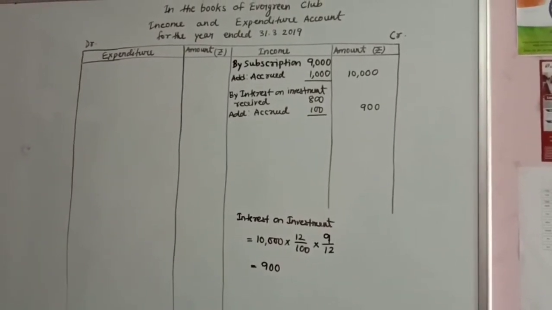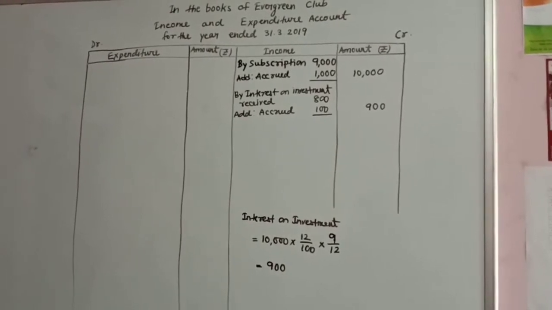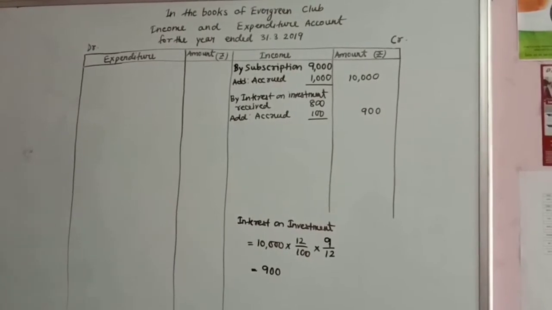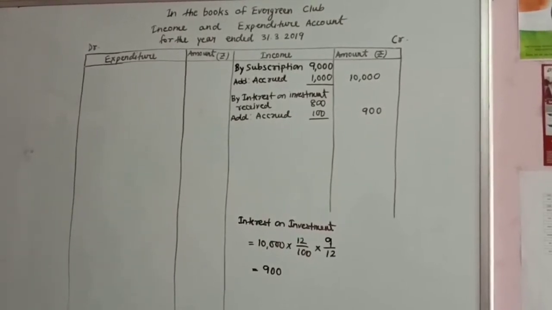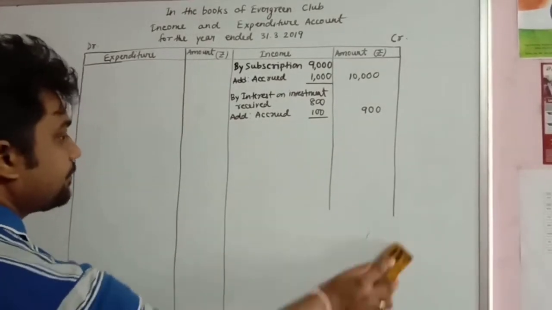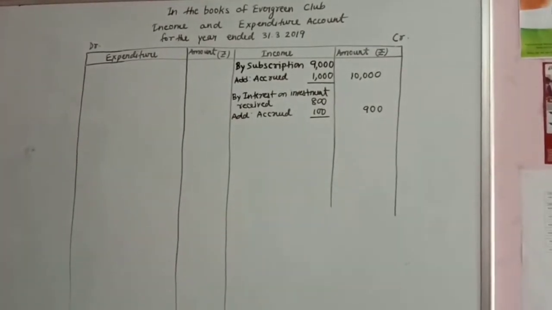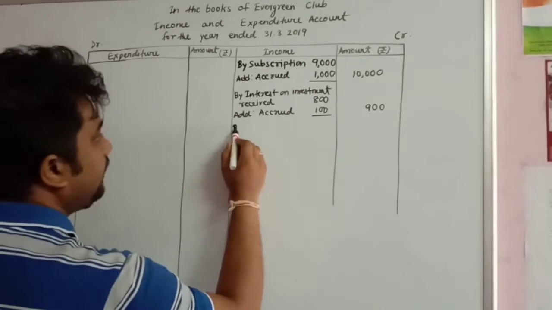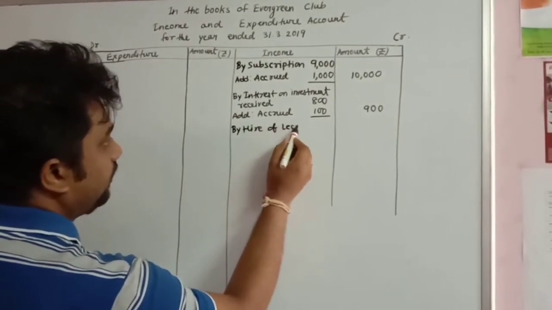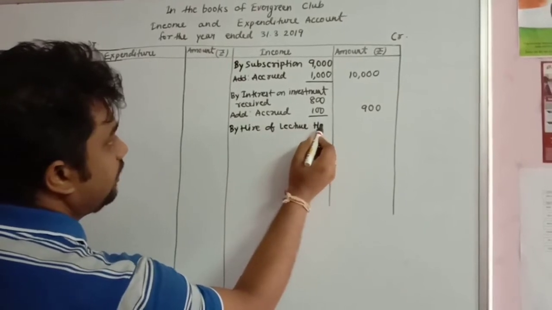Next, as we move further, we have hire of lecture hall. That particular club, Evergreen Club, has a lecture hall which they hire out to the people who are in need of it. So that is an income for the club, by hire of lecture hall.